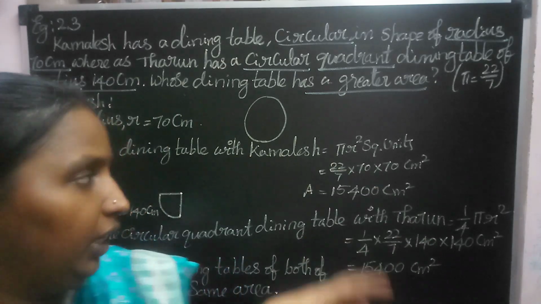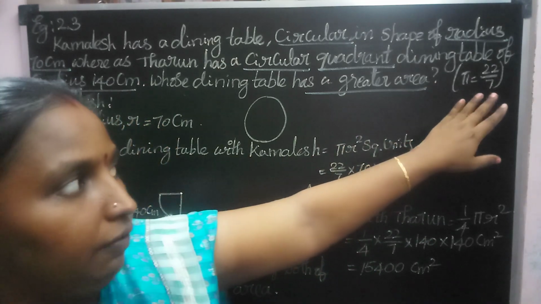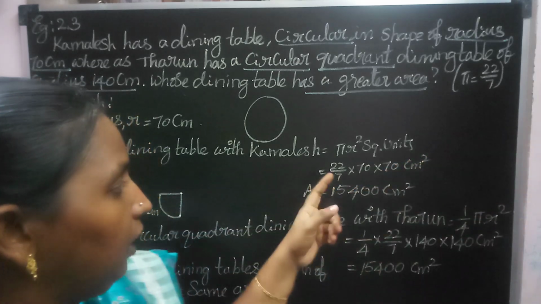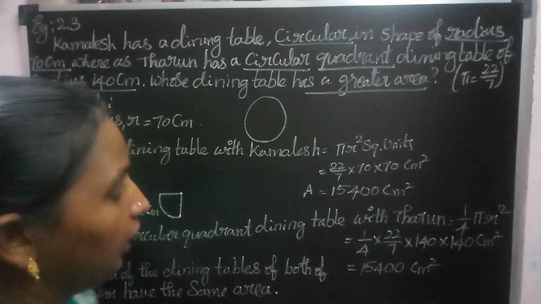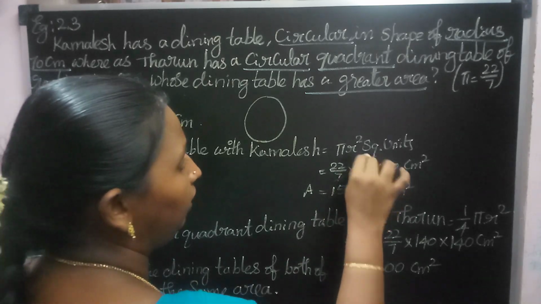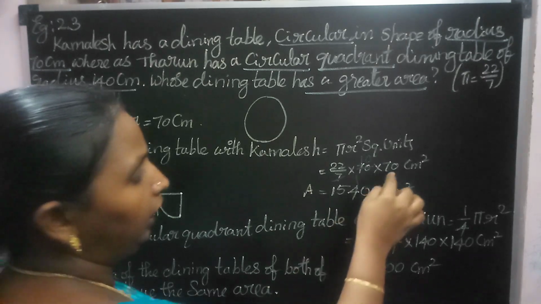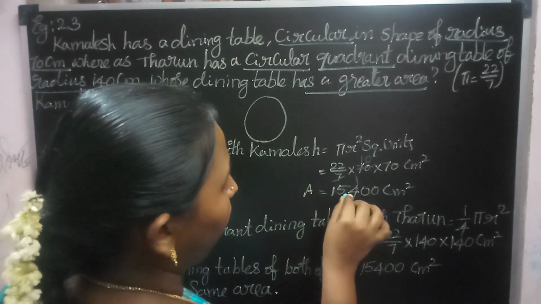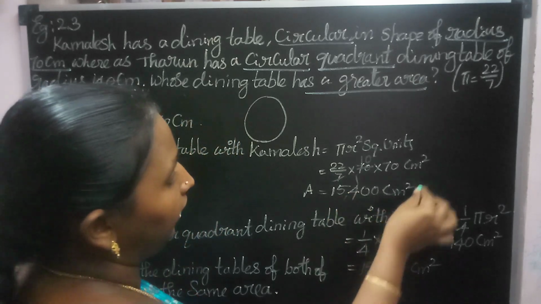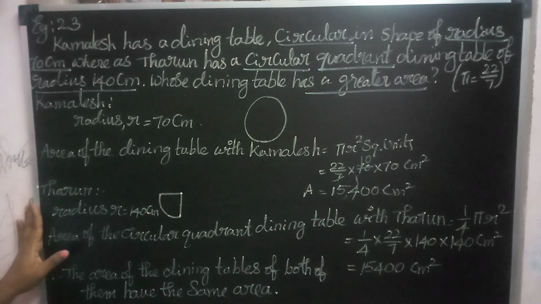Pi r square units. Pi value they gave in the bracket, so you have to use that pi value. 22 by 7 into r square, now 70 into 70. Here cancel this, 7 ones are 7, 7 tens are 70, 22 into 10 is 220. 220 into 70 you will get 15,400 centimeter square.